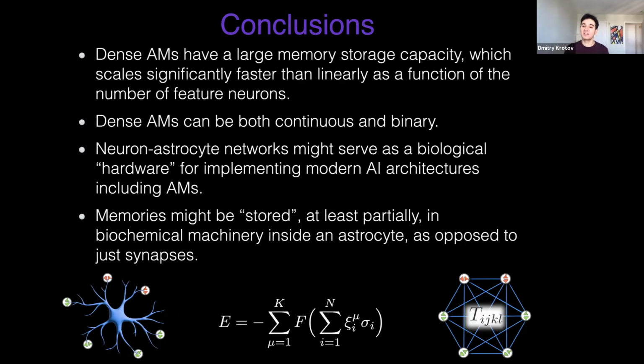If for a second we literally take this mathematical theory, which of course can be entirely wrong, but if we believe that indeed there is an information transfer mediated by the astrocyte, this theory would predict that there is a very specific set of targeted experiments that one can do by disrupting that information transfer. And it would predict certain outcomes on memory storage and memory retrieval that could be tested experimentally.